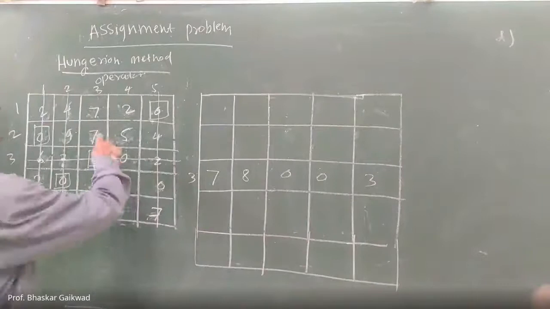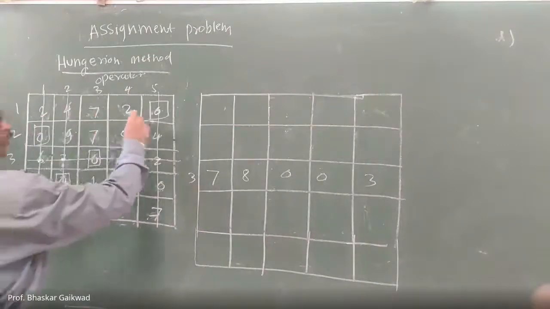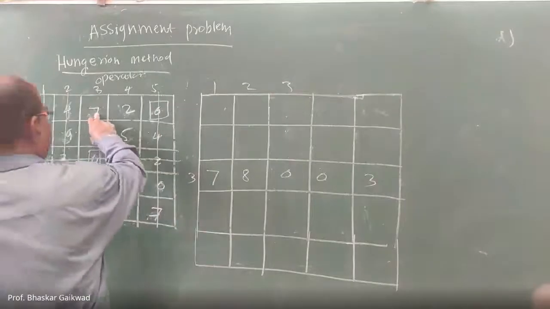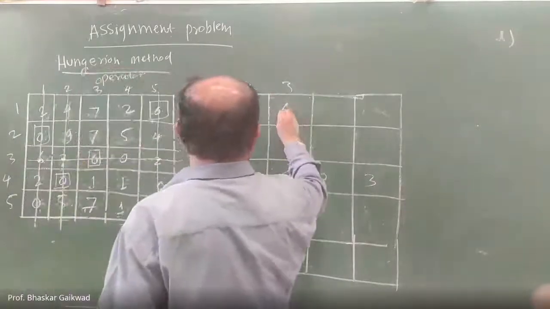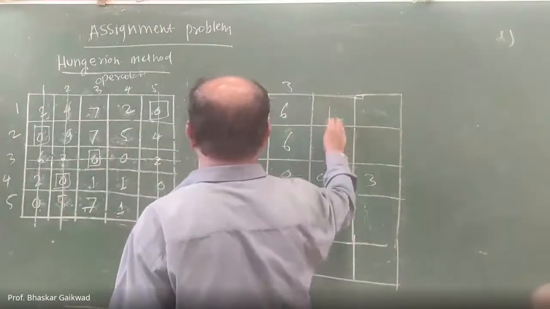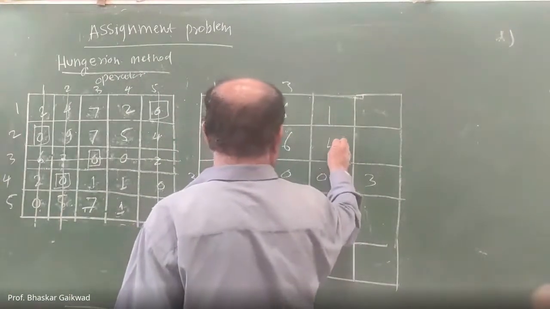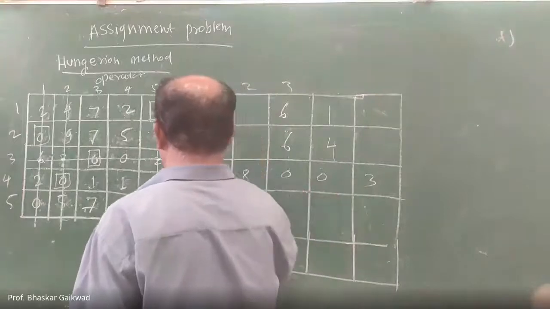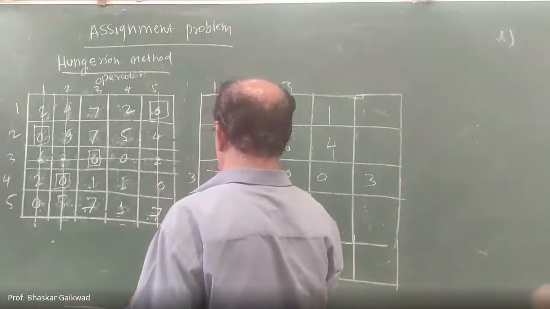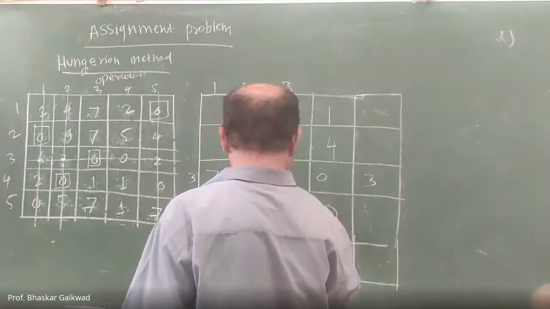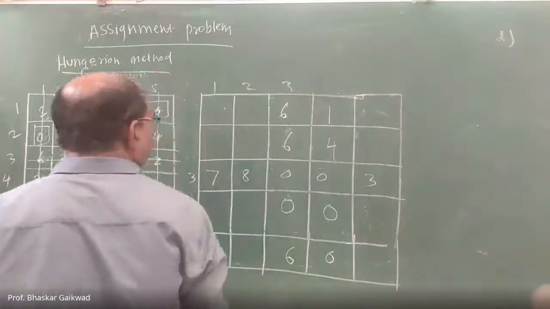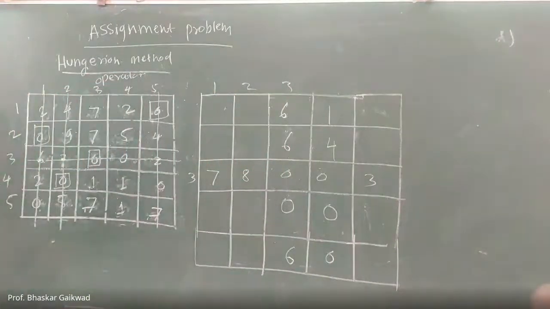The remaining value is 7. This is 1 to 0. 7 minus 1, 6. 7 minus 6, here it is 1, 5 minus 1 is 4, here 1 minus 1, 0, there is 0, 0, and there is 6. Remaining values we have to write as it is.